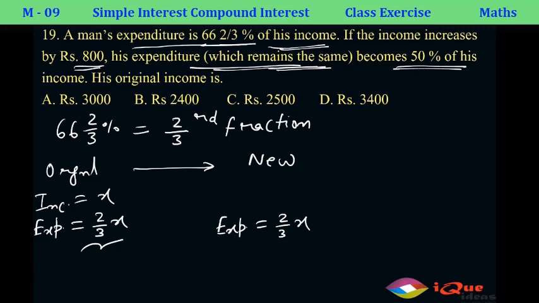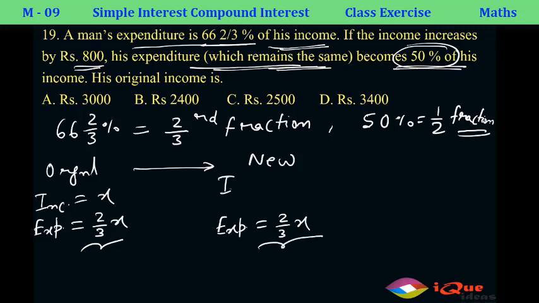And it becomes 50% of the income. Now 50% is equal to half fraction. So that means this 2 by 3X is half of the new income. So the new income will be equal to 2 by 3X into 2, because the expenditure has to be half, so the income has to be double of expenditure. So this becomes 4 by 3X.